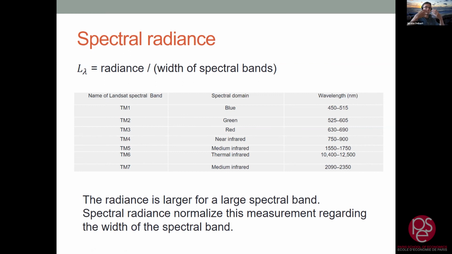So the total energy that is measured is smaller, so the power is smaller, so the radiance is smaller. In order to remove this effect, it is divided by the width of the spectral band in order to provide the spectral radiance. So the quantity that is measured is the spectral radiance.